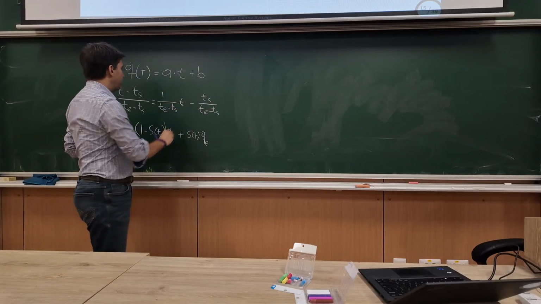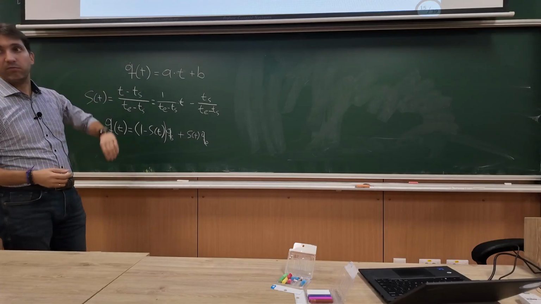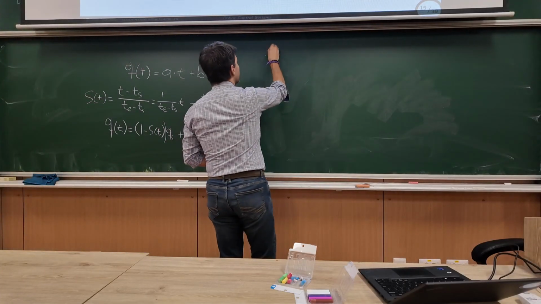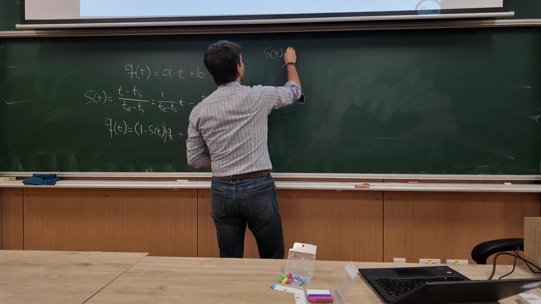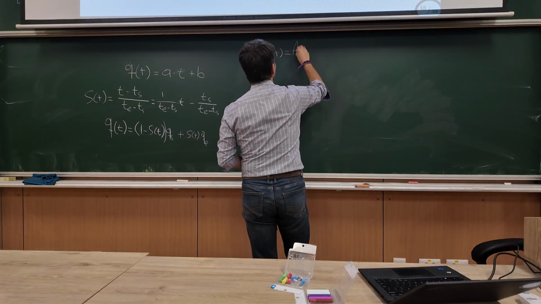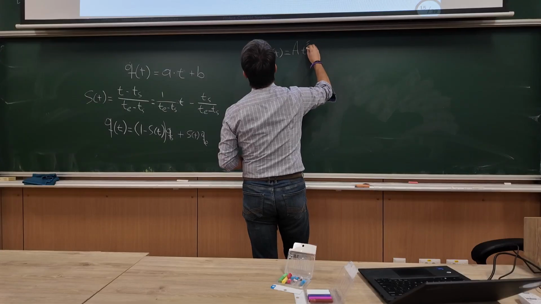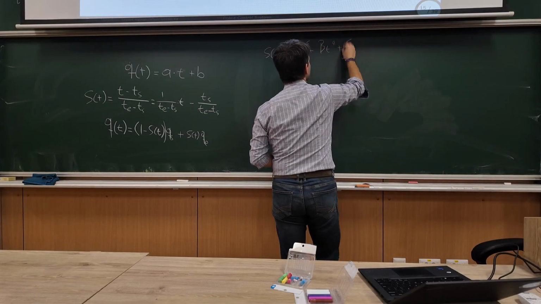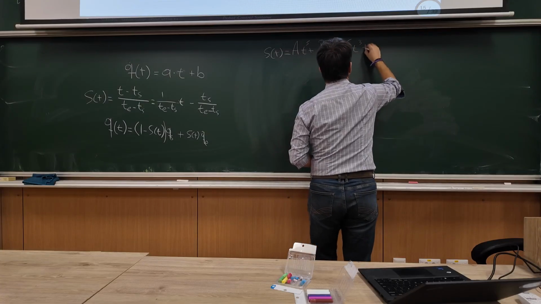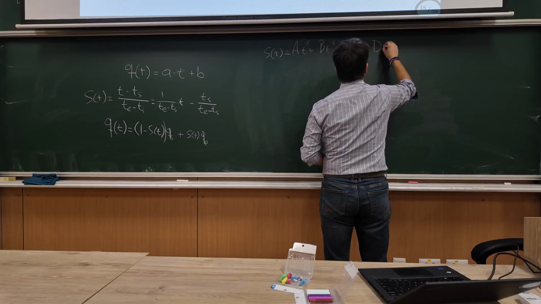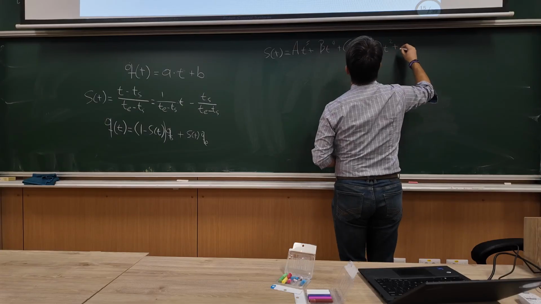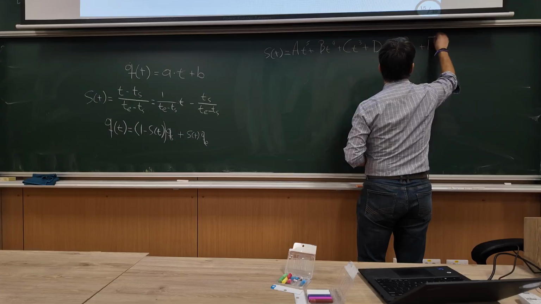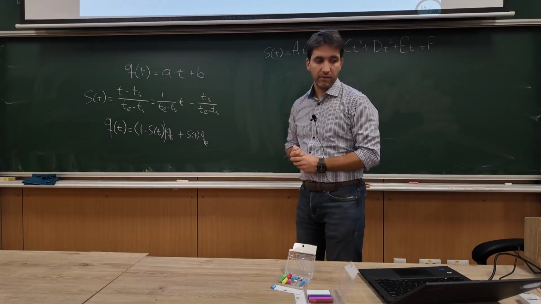So instead of having a linear interpolator, I define a polynomial interpolator in this form. And I'll write it down because we need it: a t^5 plus b t^4 plus c t^3 plus d t^2 plus e t plus f. All right.